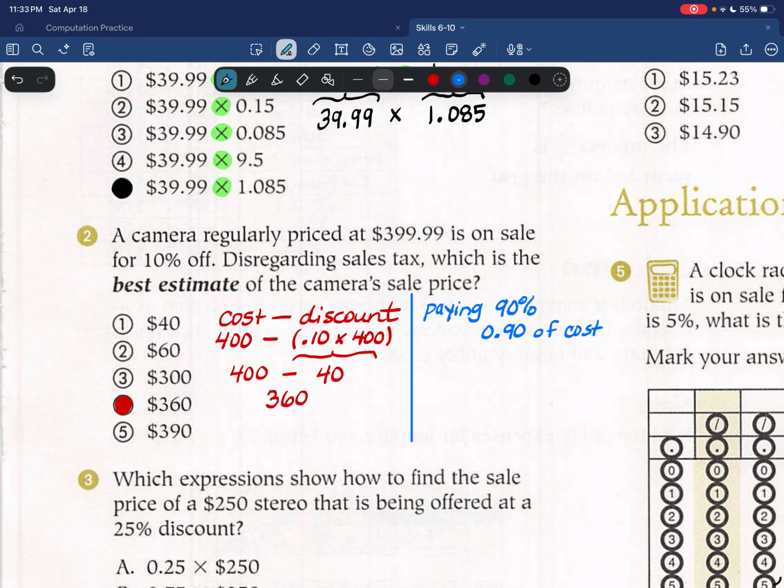So in this case, you would be saying 90% times 400. And that will take you directly to 360. Either way works. I tend to see it the red way because to me a discount is a subtraction. But some people like the blue way, and it doesn't matter. Either way you do it, you should get 360.